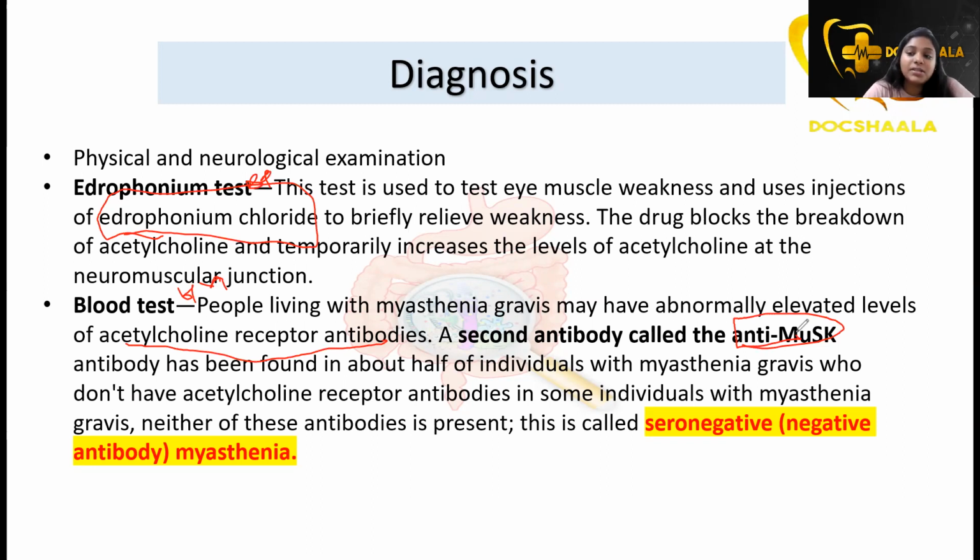In some individuals, these acetylcholine receptor antibodies are completely not there. This is called seronegative or antibody negative myasthenia, because these individuals don't show any antibodies against the acetylcholine receptor.